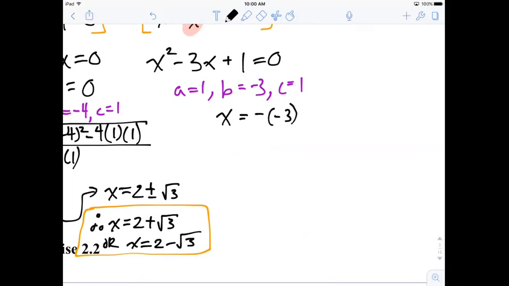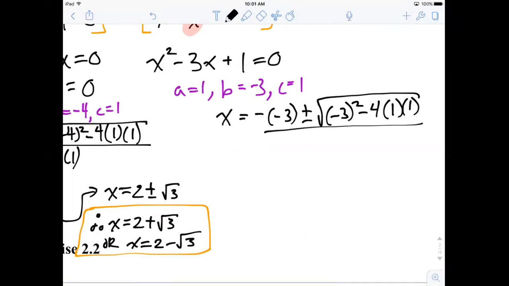So negative of negative 3 plus or minus the square root of negative 3 squared minus 4 times 1 times another 1, all over 2 times 1. So it's equal to 3 plus or minus the square root of 5 all over 2, which can't be reduced or really changed any further than that.